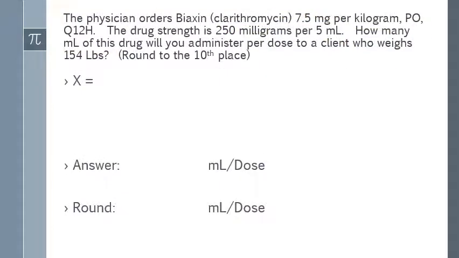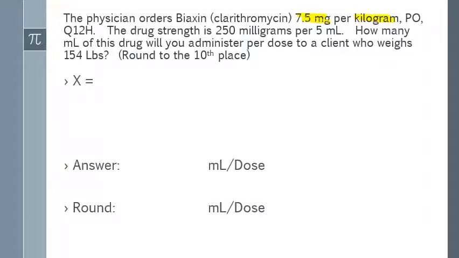All right, so this problem also has a lot of information, and I want to highlight to you specific things that you're going to need, because this one's a little bit different. It's going to require an extra step for you as nurses. Let's highlight what's important. Physician orders Biaxin 7.5 milligrams. Let's highlight that really well. 7.5 milligrams per kilogram.